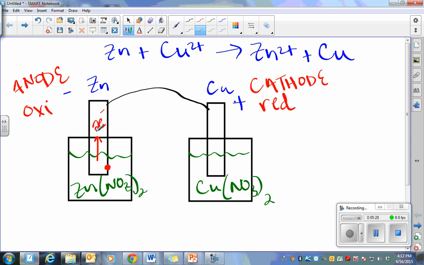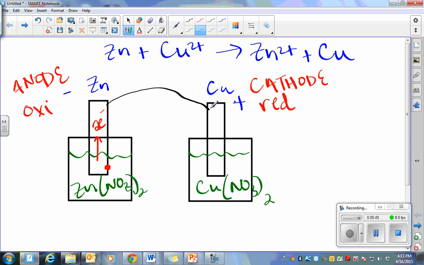This electron was just given off by zinc oxidation, and at copper there is a pull here. We talked about that today, the electrical potential difference that is occurring right there.